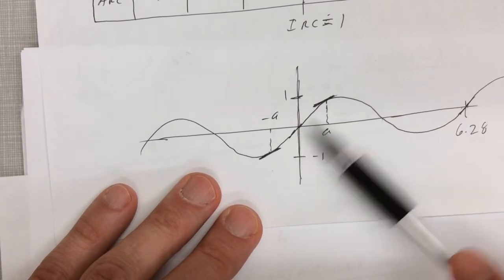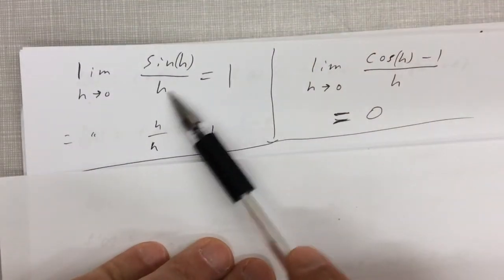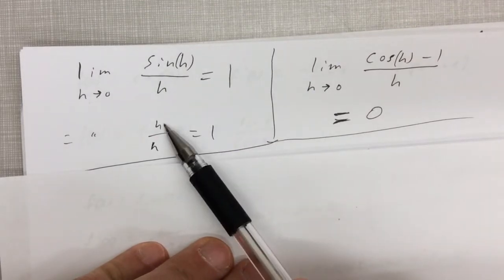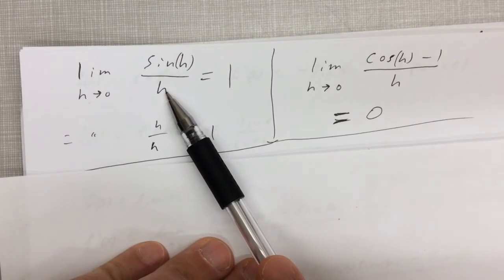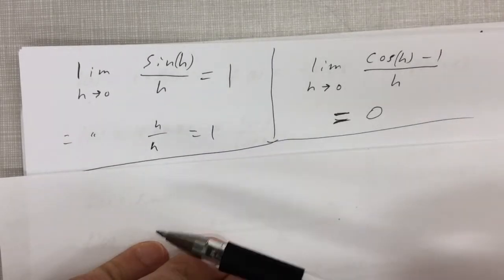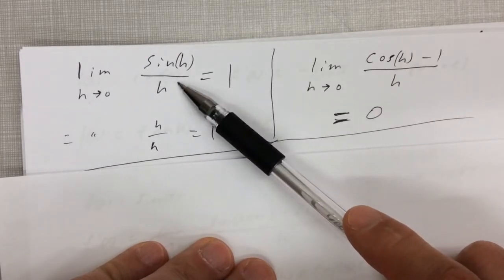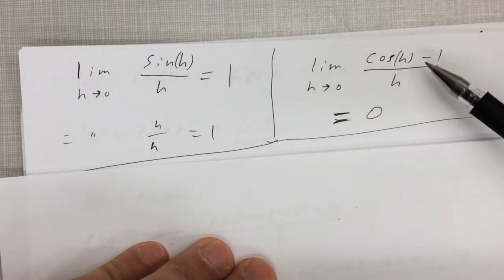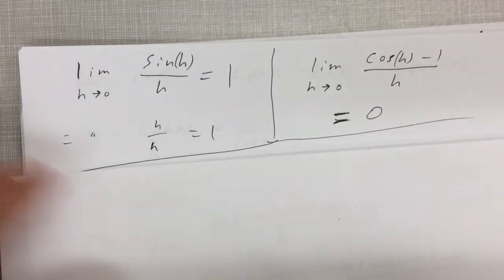So right around 0, this function might as well be y equals x. So around 0, sine of h is basically h. h over h is 1. Okay, so even though this is a 0 over 0 limit, it looks kind of like h over h, which is 1. And 0 over 0 limits have a hole in them, so they most likely will have a limit. This is 0 over 0 as well, so you've got to plug in numbers.